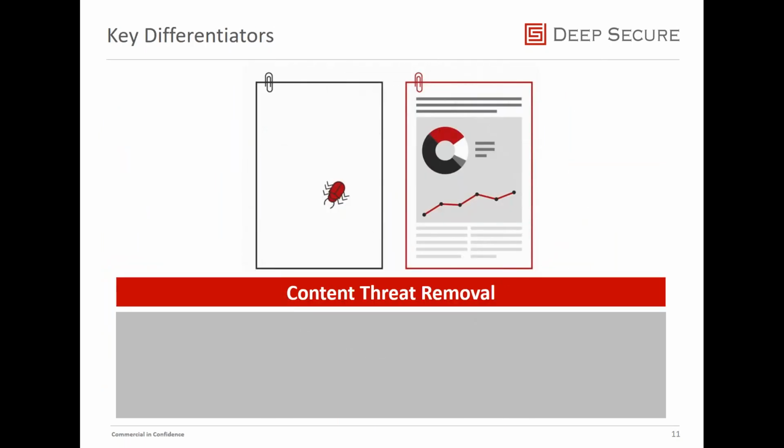Okay. In terms of the key differentiators then, what makes this solution so special is that with the Deep Secure Content Threat Removal platform, we work using a process of transformation to prevent any exploit contained in seemingly valid business communication from entering an organization.